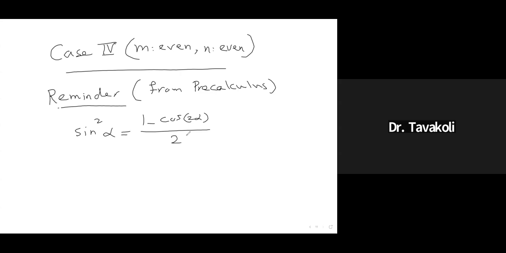I hope you remember this from pre-calculus or from any trigonometry course that you have taken before. And cosine squared of alpha is 1 plus cosine of 2 alpha over 2.